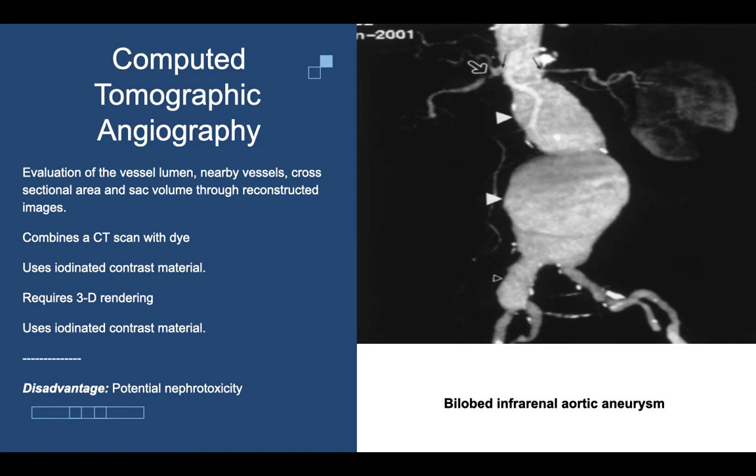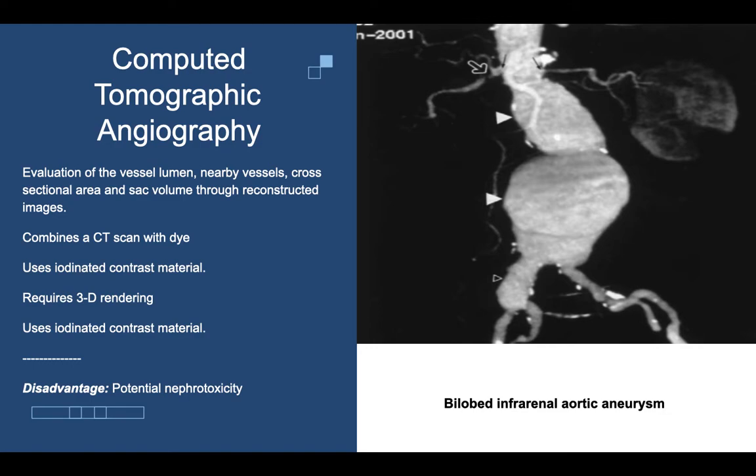So moving on to the CTA, I actually didn't know what a CTA was until doing more research before presenting here, but it's actually very interesting because CTAs combine the CT scan with a dye, and then it uses 3D rendering to create a three-dimensional picture in which you can really truly evaluate the vessel lumen, the nearby vessels, as well as the cross-sectional area and sac volume through reconstructed images.